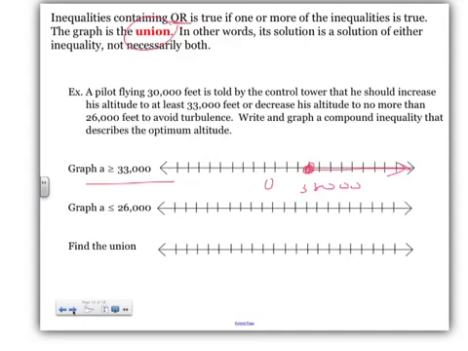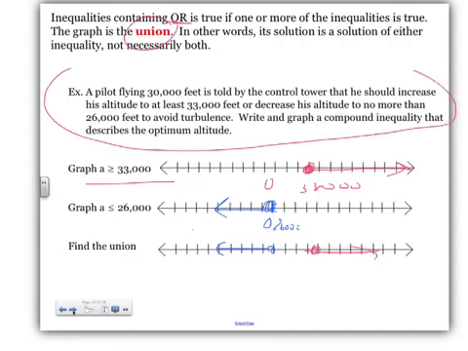Here I have it being less than or equal to 26,000. Let's say it's here. One too many zeros. And it'll look like that. The union will be somewhere between that and that. Either of those things can be true.